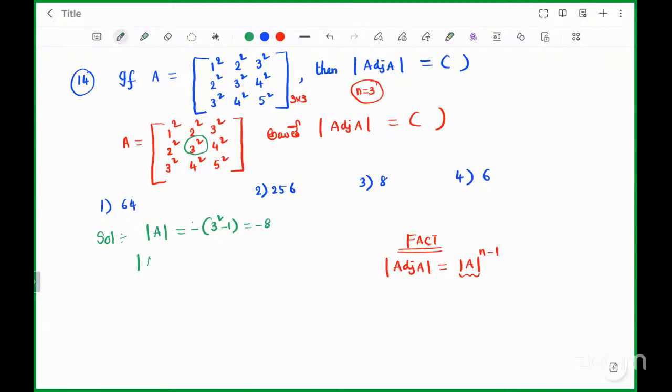But det of adj A is equal to (det A) to the power of n minus 1. Now det A is minus 8, to the power of n minus 1, that is 3 minus 1, so minus 8 whole square. You know that minus 8 into minus 8, negative into negative is positive, 8 8s are 64. So our answer is 64. So the first option is the right option. Okay, once again, all of you check your answers.